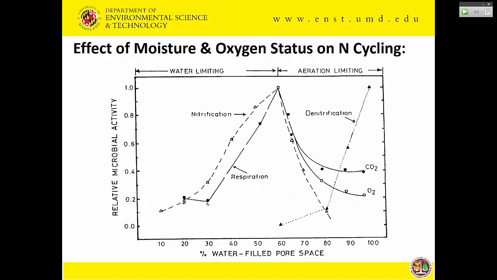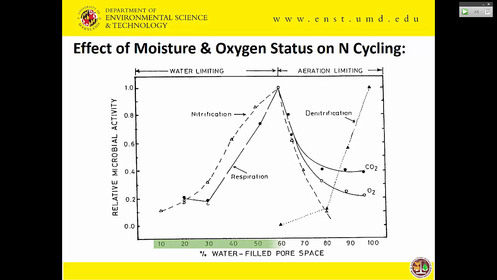Another factor, moisture and oxygen, is extremely critical. This is an example that tells you how much water is in the soil. Here on the low end we're looking at very dry soil, and here we are looking at saturated soil. And this tells you relatively how many microbes will be there.